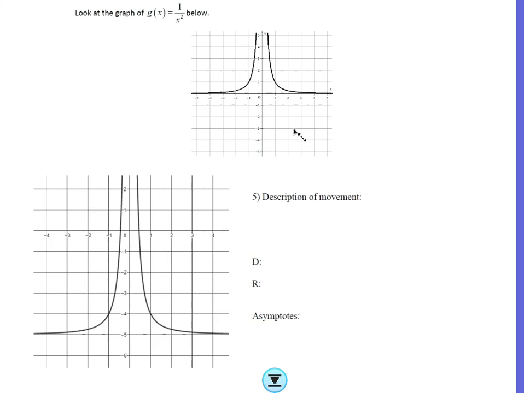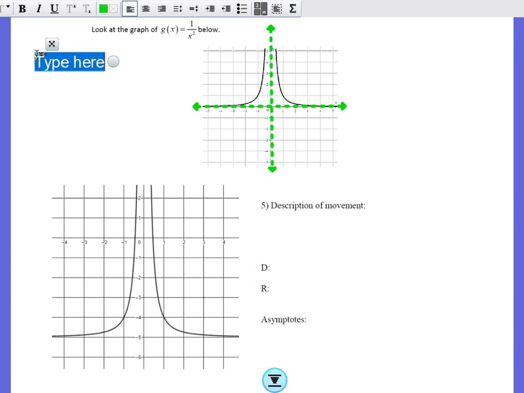All right, next problem. Number 5, again, I'm going to fill in my vertical and horizontal asymptotes for my parent function. The vertical asymptote is x equals 0, horizontal asymptote y equals 0.